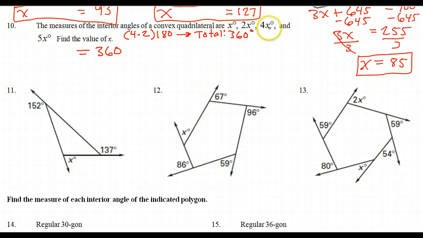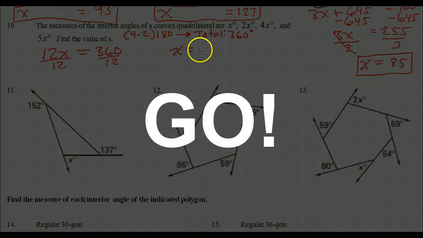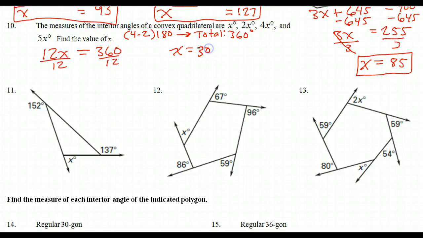Now that means these 4 expressions representing the angles should add up to 360. So x plus 2x plus 4x plus 5x. Well, let's see, that's 1 plus 2 is 3 plus 4 is 7 plus 5 is 12. So 12x should equal 360. Let's divide both sides by 12, and we're going to get x equals 30.